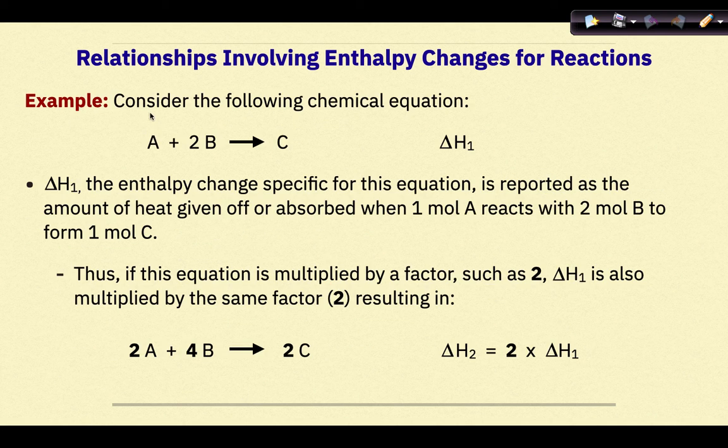Here's an example. Consider the following chemical equation. A plus 2B yields C with delta H of 1.